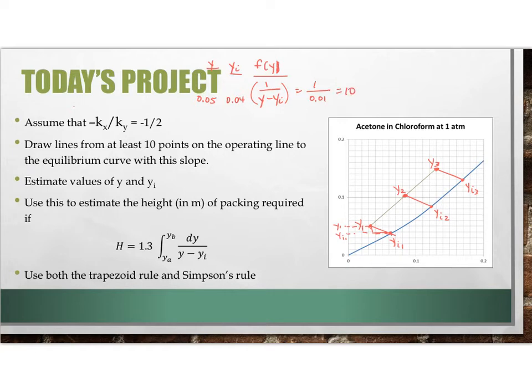I'm going to do this for each of my various points, so I'll get entries for each of these. And then I want to take the integral of f of y dy, where f of y is this column here, 1 over y minus yi. You'll do that with both the trapezoid rule and Simpson's rule.